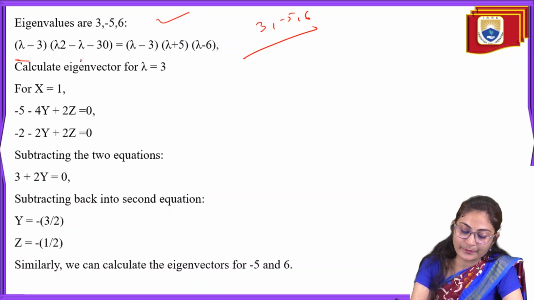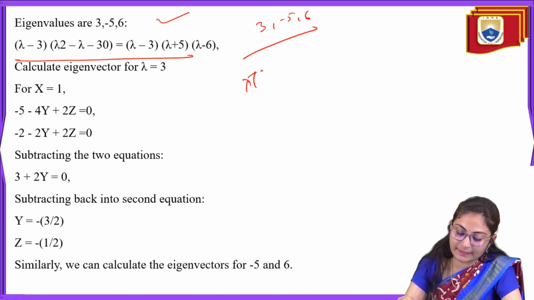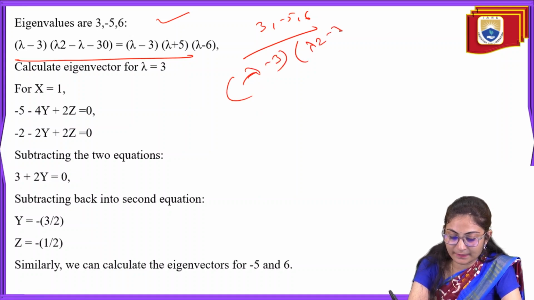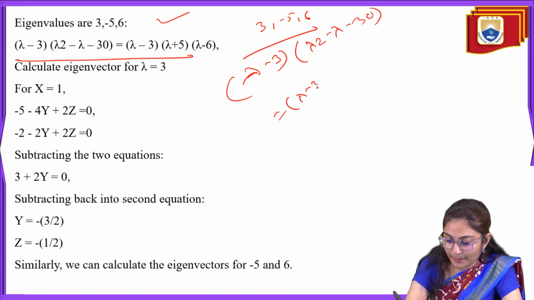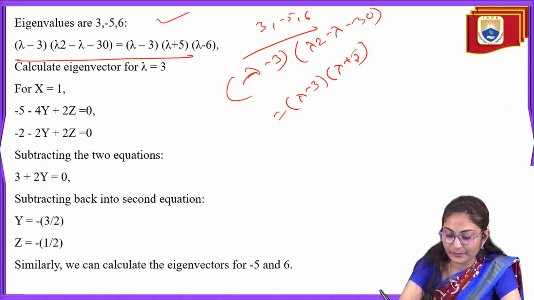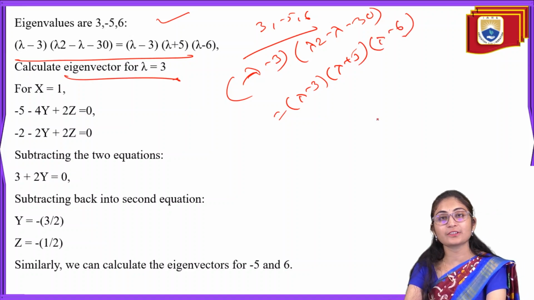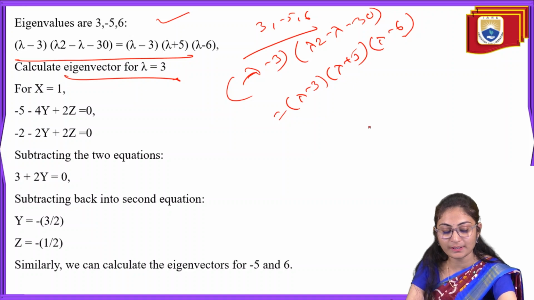Then after that, delta minus 3, delta squared minus delta minus 30, then minus 3, plus 5, minus 6. So we have to find the eigenvector for lambda equal to 3.